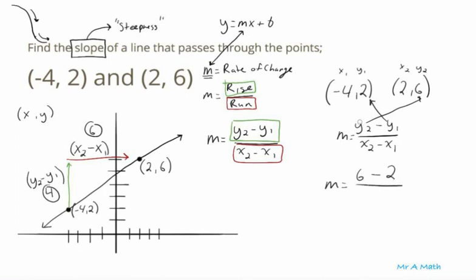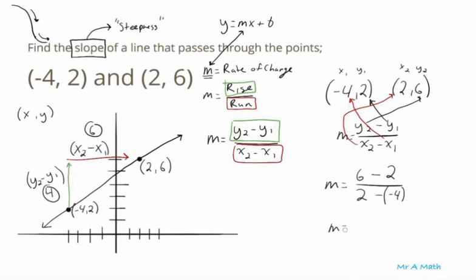Over my x values: my x2 is 2, minus my x1, which is -4.